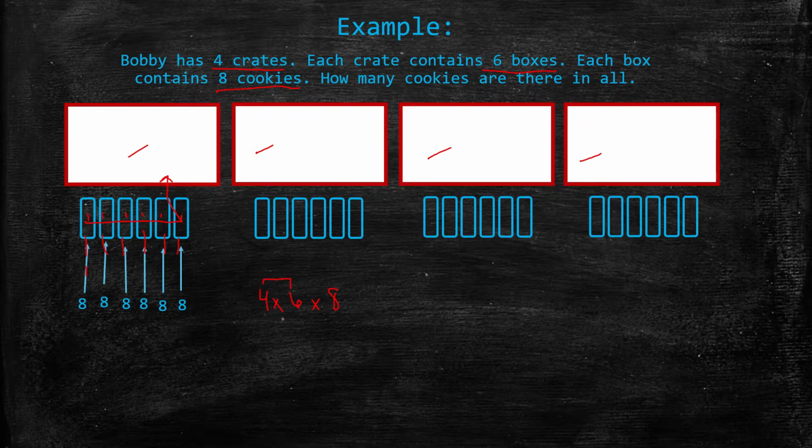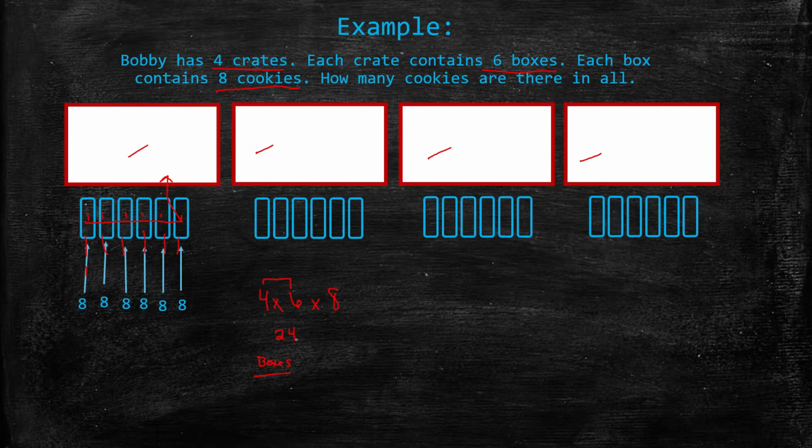If I do 4 times 6, I get 24. Giving you a visual, 6, 7, 8, 9, 10, up to 24. That's how I got my 24. 4 times 6 means there's 24 boxes.